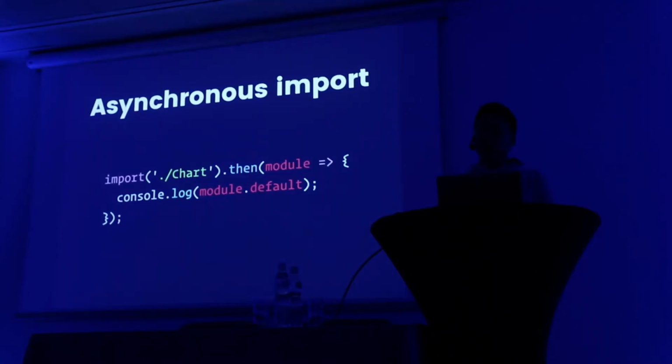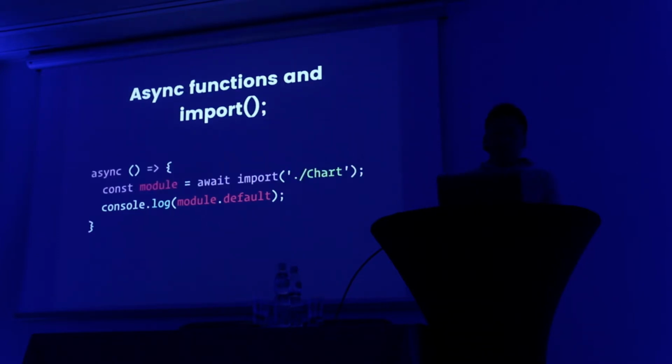With dynamic imports, you will be able to load modules or components asynchronously by returning promises. Accessing the results works exactly like with promises. Of course, you can use dynamic imports with the new async and await. The huge benefit is you write asynchronous code that looks like it's synchronous, but it's actually async.